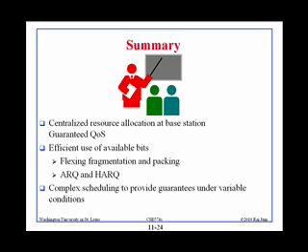So some things to remember in the MAC part is that everything is centralized in the base station. This is different from Wi-Fi. How was resource allocation done in Wi-Fi? Anybody remember? What do you have to do if you have to send a packet?